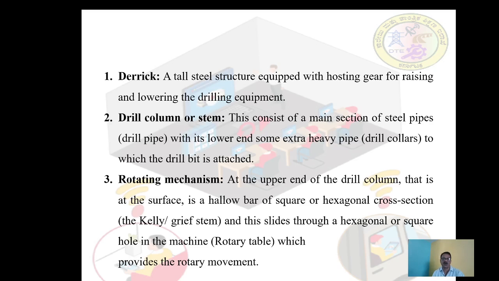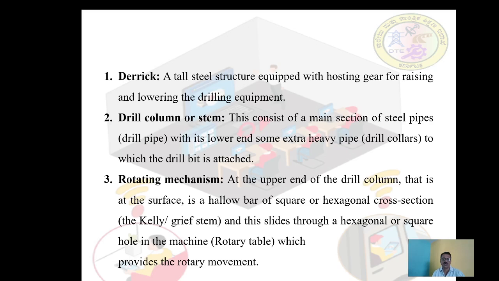Second is the drill column or stem. It consists of a main section of steel pipe, then a drill pipe with, at its lower end, some extra heavy pipe, the drill collar, to which a drill bit is attached.